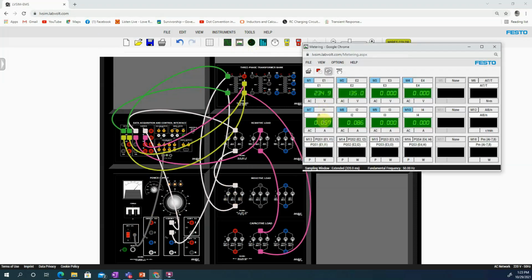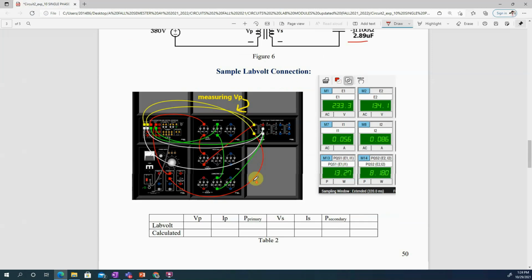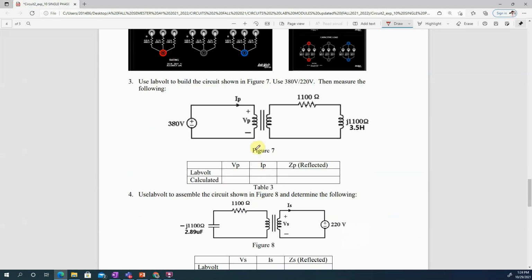So we have here the B primary, B secondary, I primary, I secondary, and we have the power, and this power. Okay, so now what's the next part? On this part we have only 380, and we have two very simple impedances.